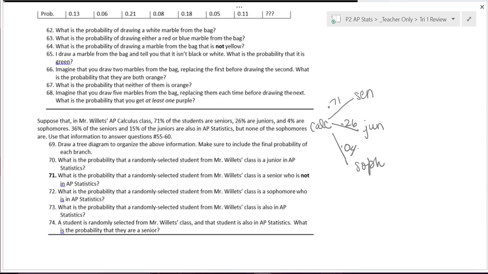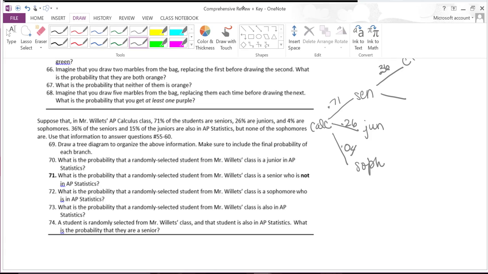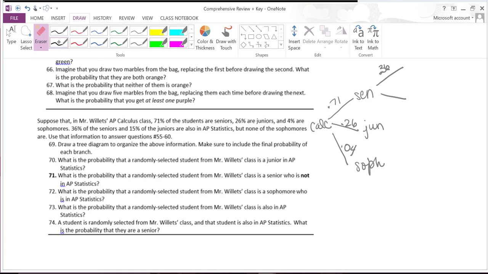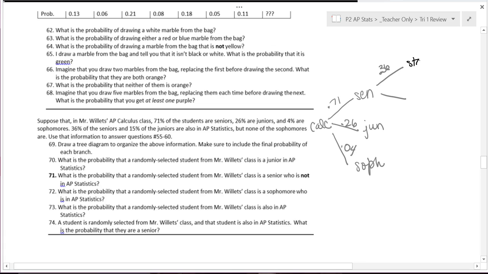36% of the seniors and 15% of the juniors are also in AP Stats. So of the seniors, 0.36 are going to be in Calc and Stats. And actually, I can erase this and just say that this is going to be Stats as well, because we've already clarified Calc.